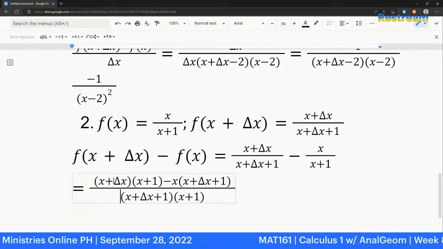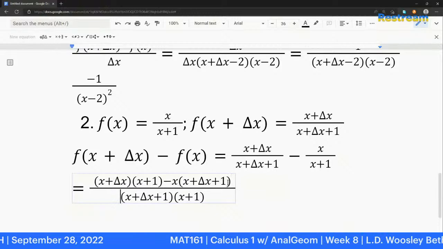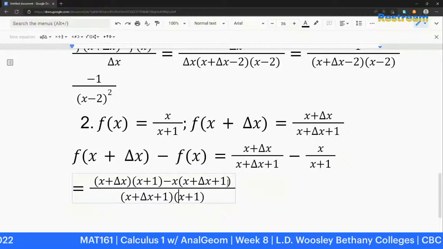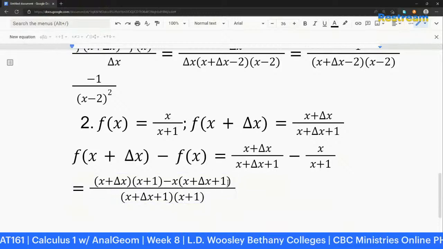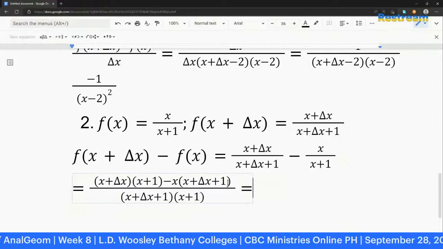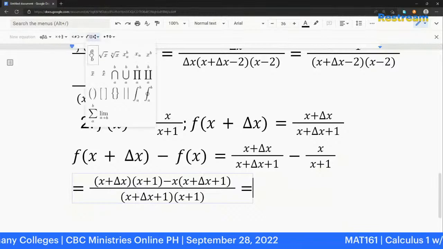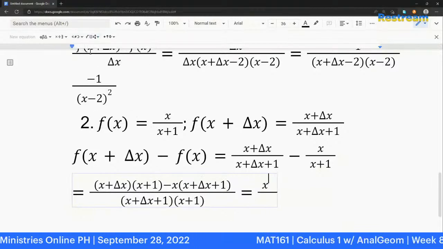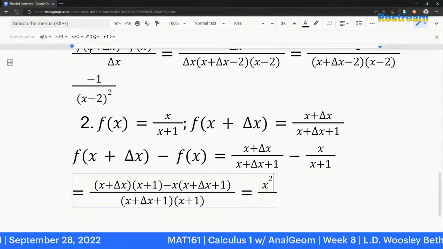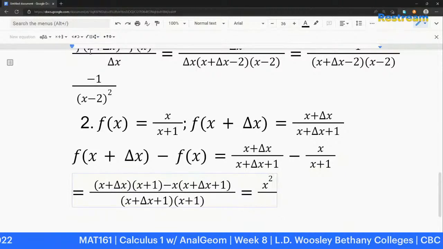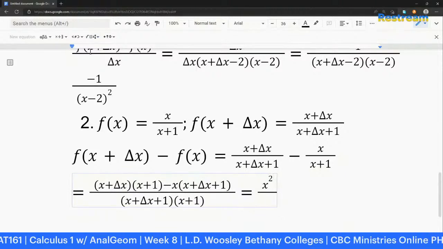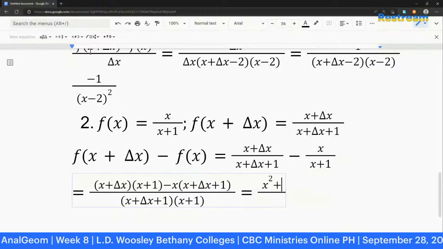Ayan, so we simplify further, right? Simplify further, we have x squared. Okay, we have x squared plus delta x.